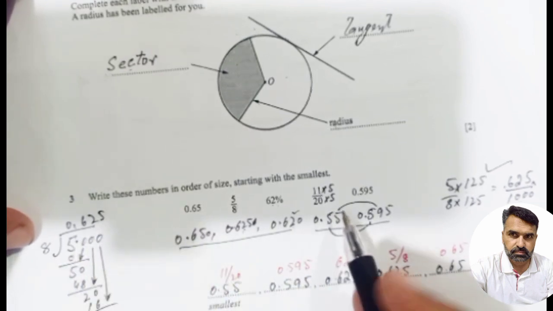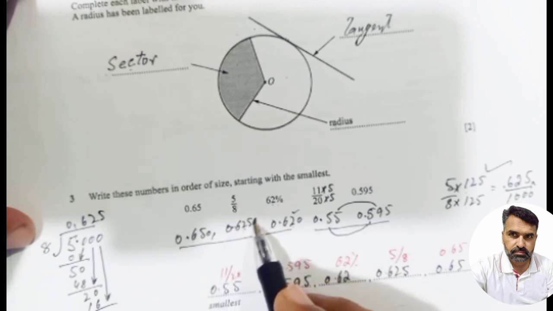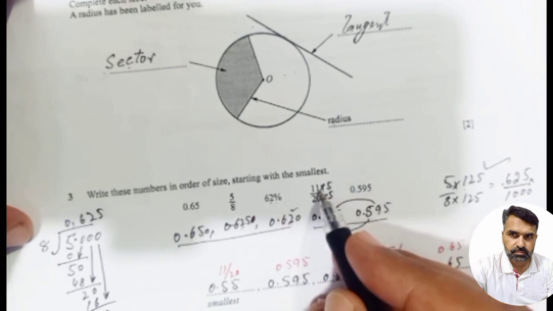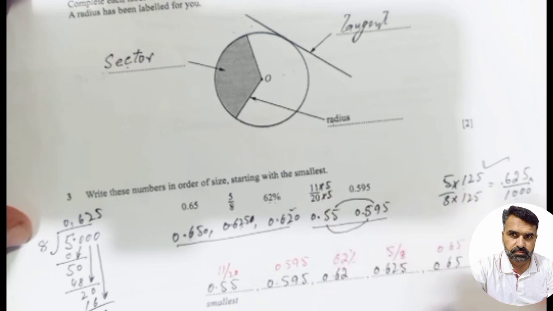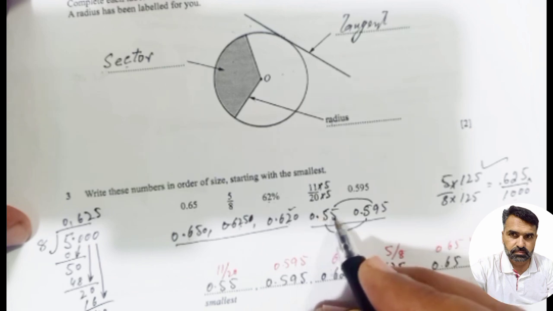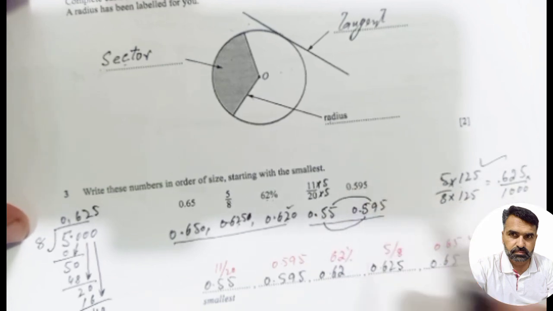So 5 over 8 is 0.625 and 62% is written as 0.62, and 11 over 20, we will multiply numerator and denominator by 5 and it will be 55 over 100, which means 0.55, and 0.595 is written as it is.